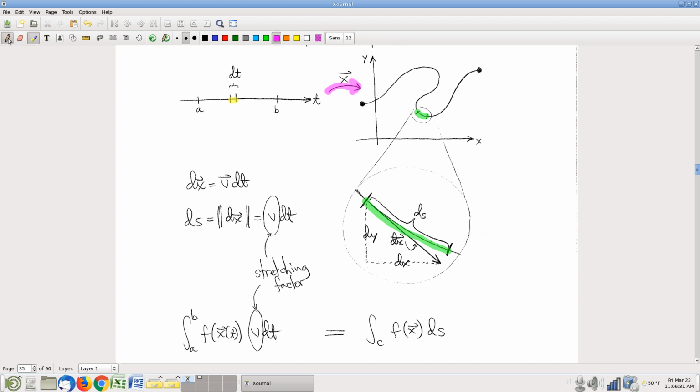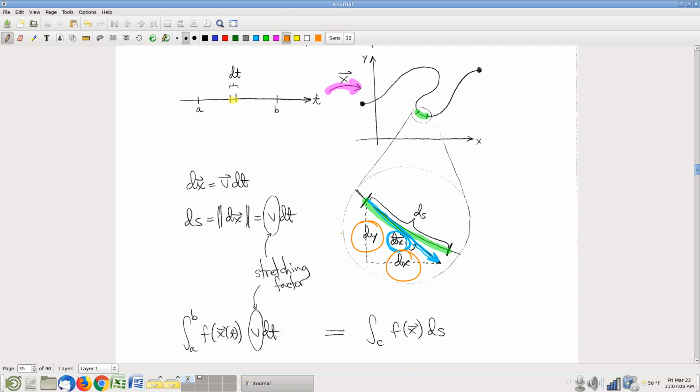Remember we made the observation that that green piece of curve is relatable to this blue dx vector, our position differential. I can understand ds with dx. I can understand the dx vector by its components, the scalar dx and the scalar dy, and how the coordinates x and y change as a function of t.